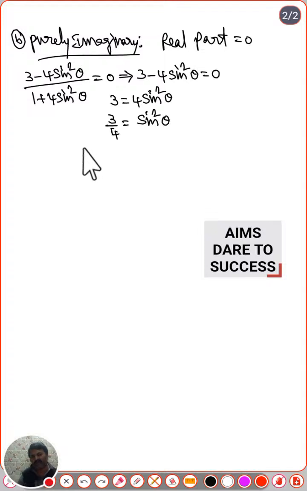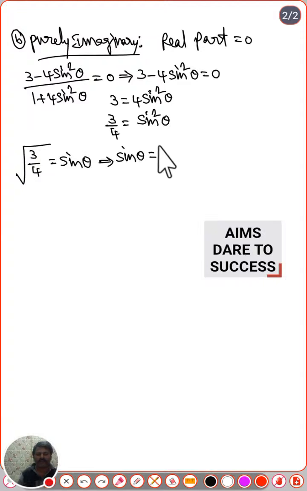Next, the square coming to this side, we get under root 3/4 = sin theta. Root applied individually to numerator and denominator, we get sin theta = root 3 by root 4, which is 2. In terms of sin, the root 3/2 value is sin 60.